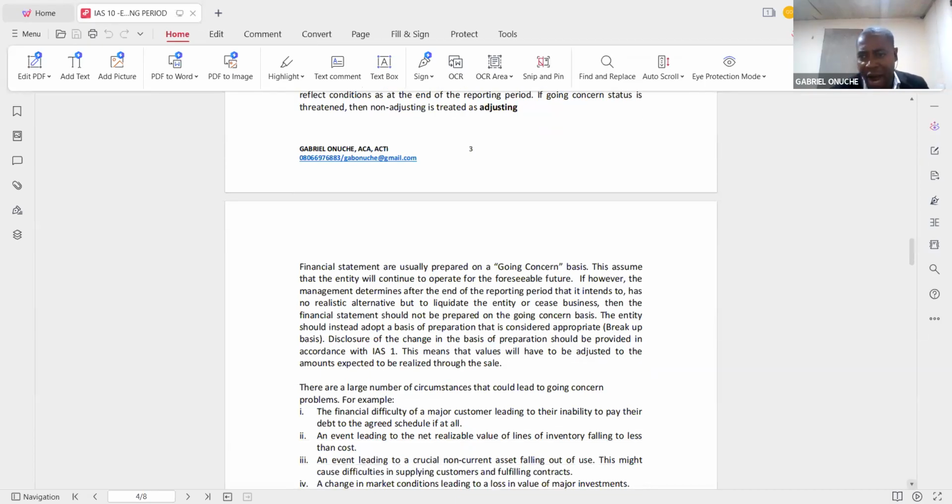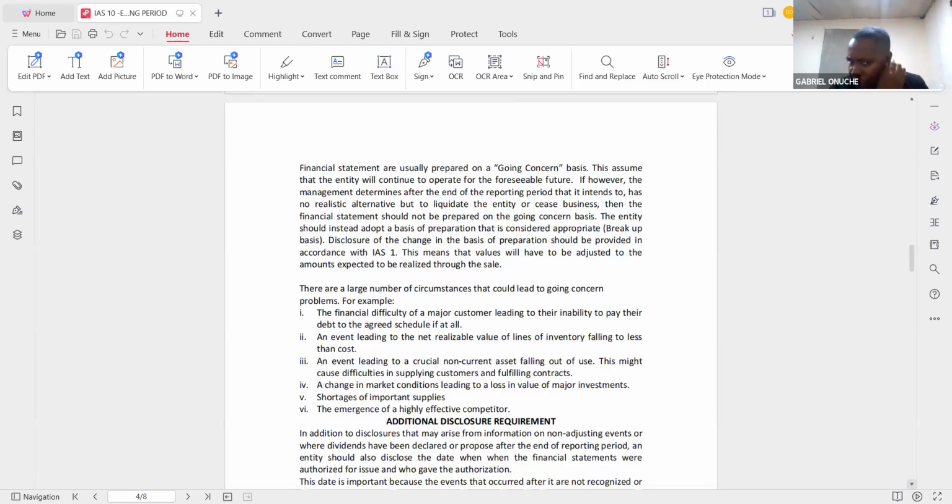And there are several reasons or events that can warrant an entity to liquidate. What are some of these events? Financial difficulties can lead to liquidation.